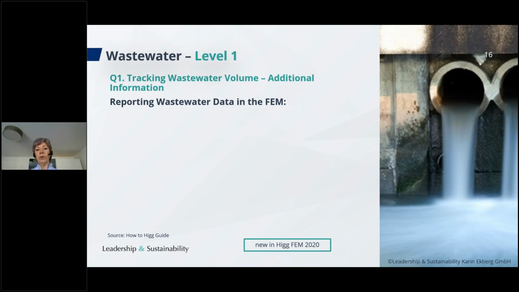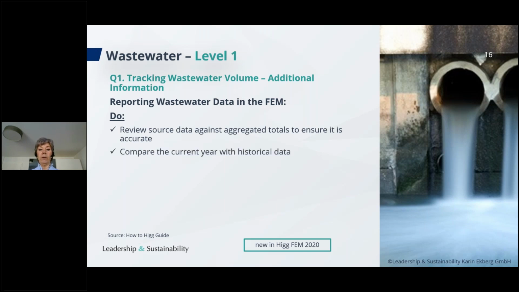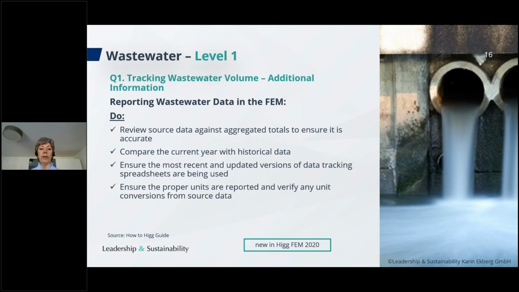When you report your wastewater data in the FEM, you should review the source data against aggregated totals to ensure that it is accurate. Compare the current year with the historical data. Ensure the most recent and updated versions of data tracking spreadsheets are being used. Ensure the proper units are reported and verify any unit conversions from source data.